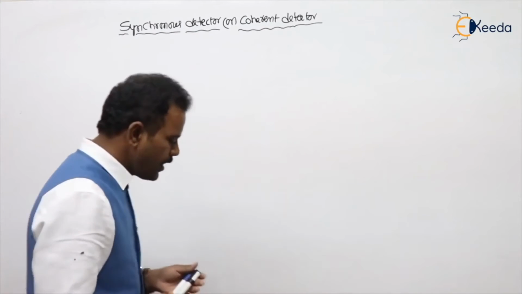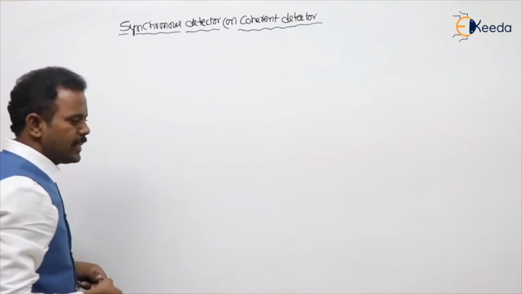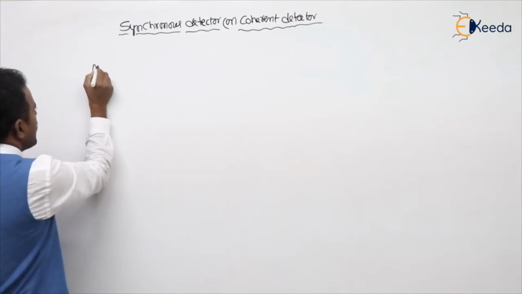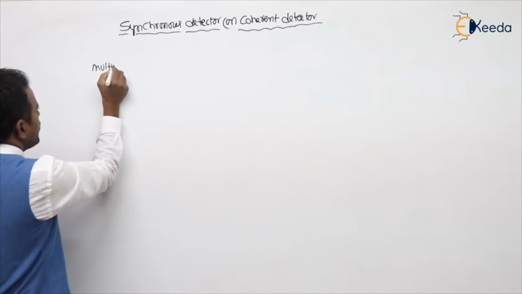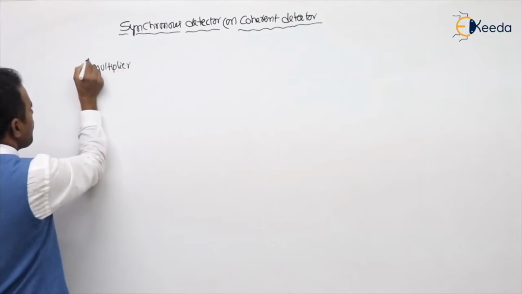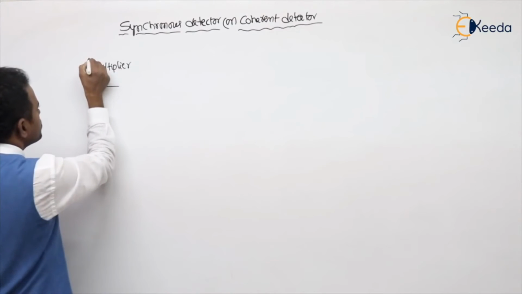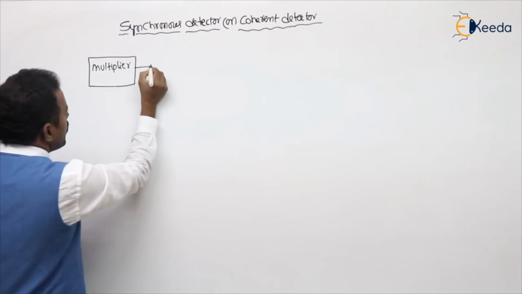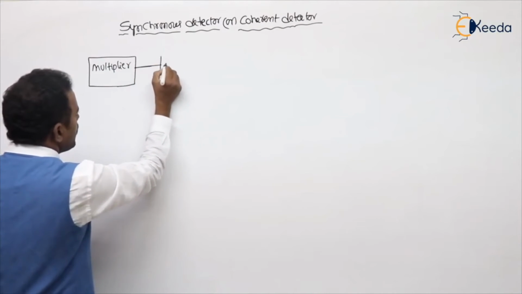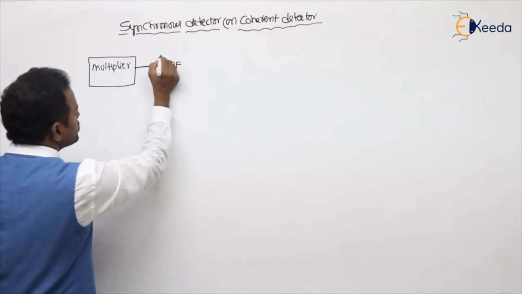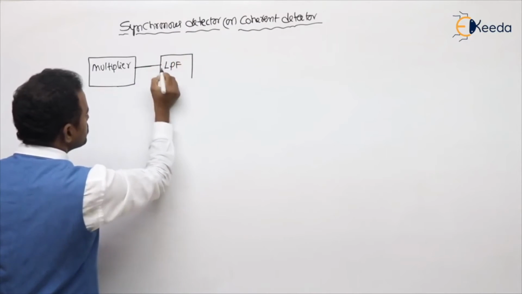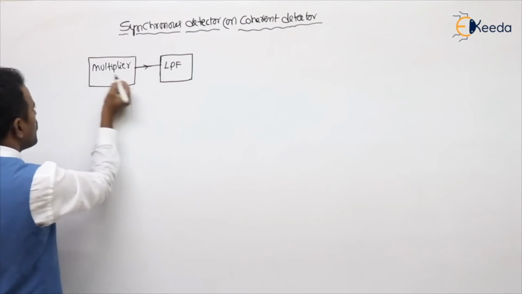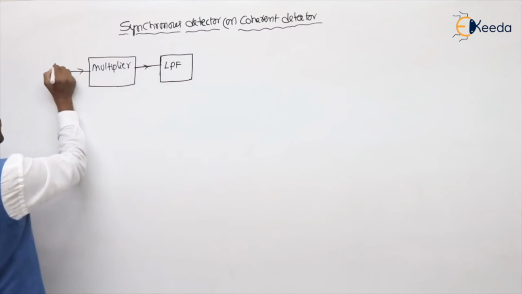Now, coming to the block diagram of a synchronous detector, simple. It has a multiplier followed by a low pass filter. What is the input we are giving to the multiplier?